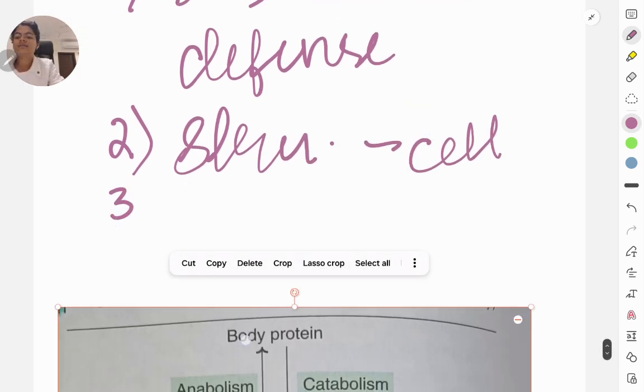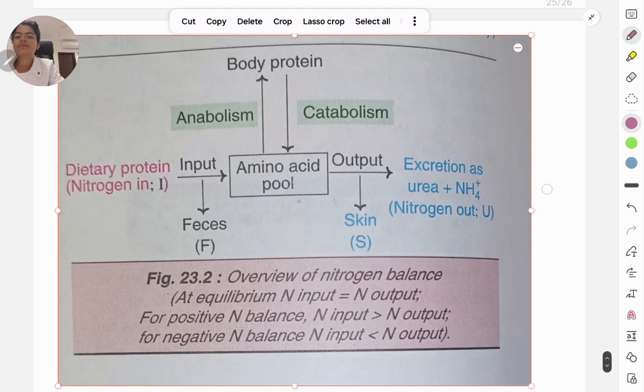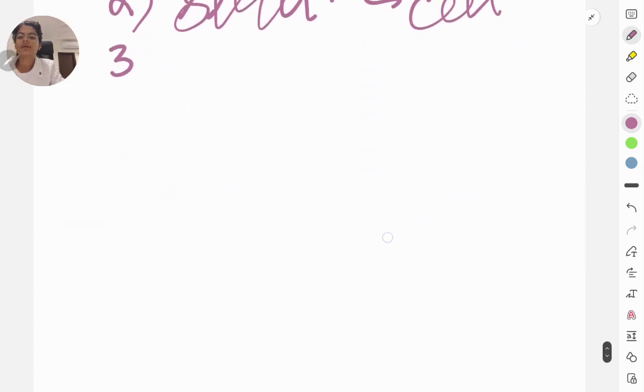Then thirdly, protein is going to act as a source of energy during starvation.